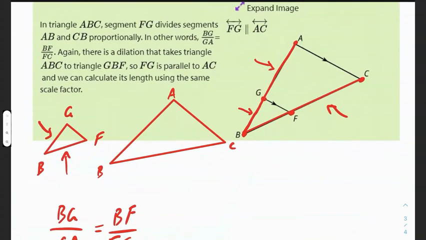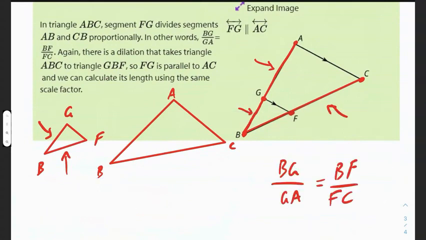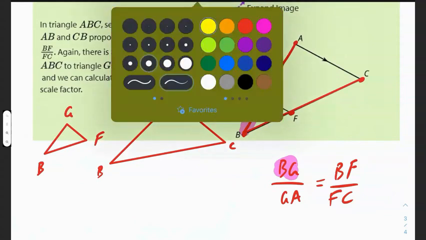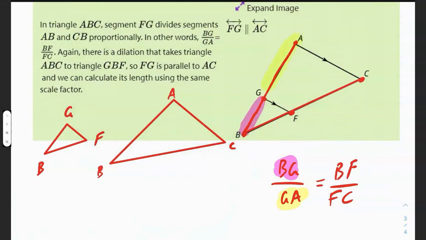So basically, this proportionality statement, and let me make sure I get this right. BG is to GA, all right? They're on the same side, right? BG is smaller, so smaller side to larger side.